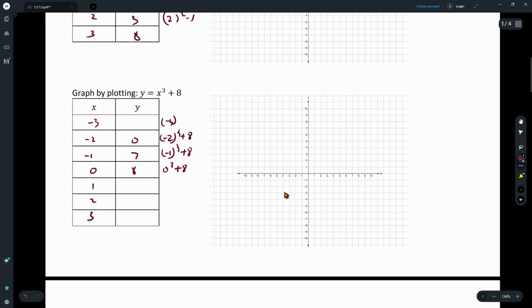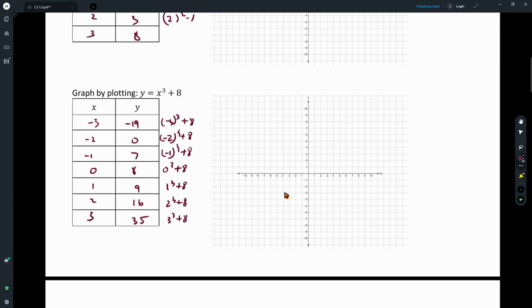And -3 cubed is -27, plus 8 is -19. Okay, 1 cubed plus 8 is 9. 2 cubed plus 8 is 16. And 3 cubed plus 8, 27 plus 8 is 35. There you go.